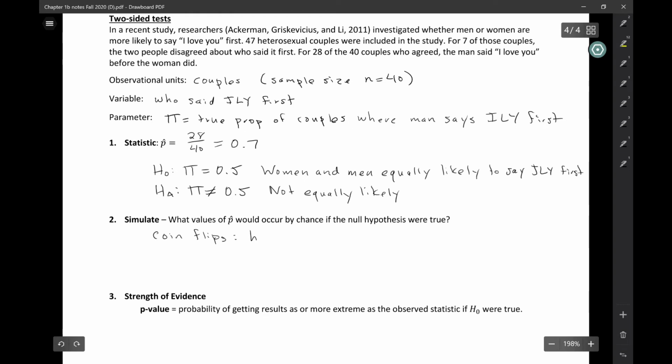I'm going to say heads is the man says I love you first, and tails is the woman says I love you first. We have a sample size of 40, so we're going to do 40 coin flips in each set. Every time we want to record the same statistic that we used to describe the original sample, so we're going to record the sample proportion and repeat this many times.